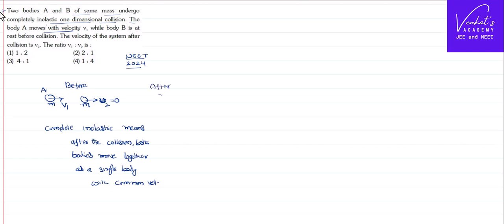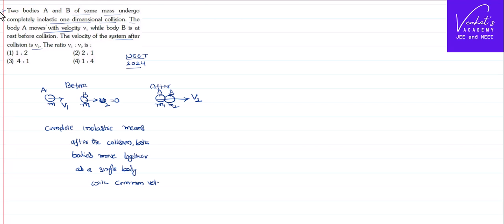After the collision, they are not going to move differently, rather A and B are going to move together with a new common velocity. He said that velocity of the system after the collision is v2. Then what is the ratio of v1 and v2?